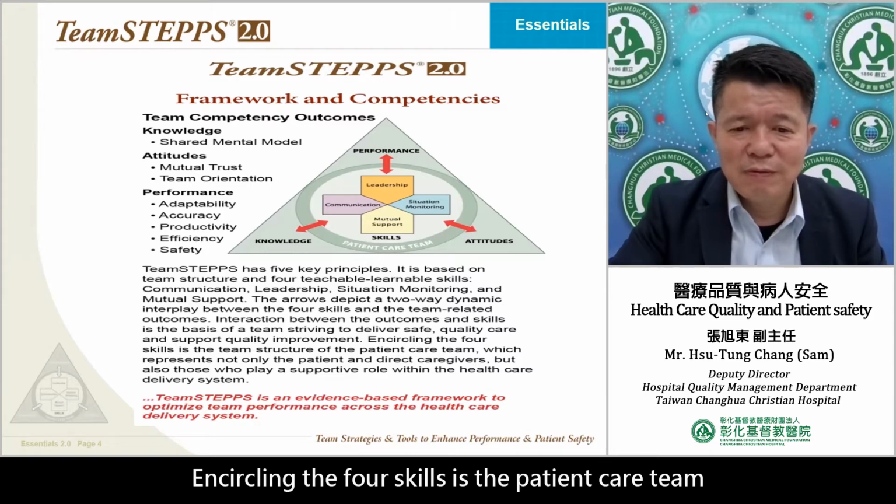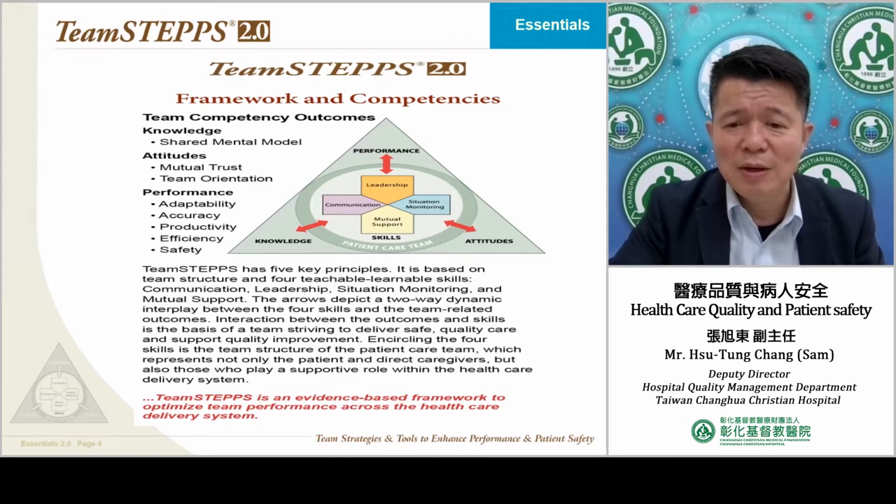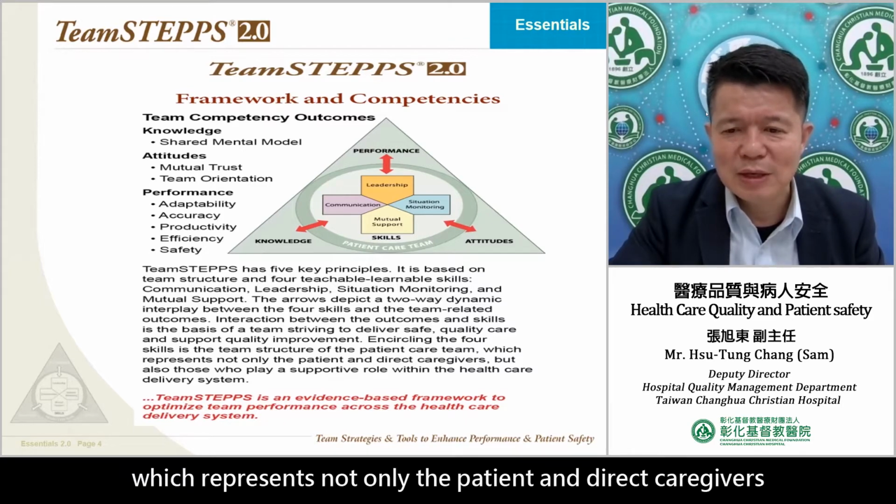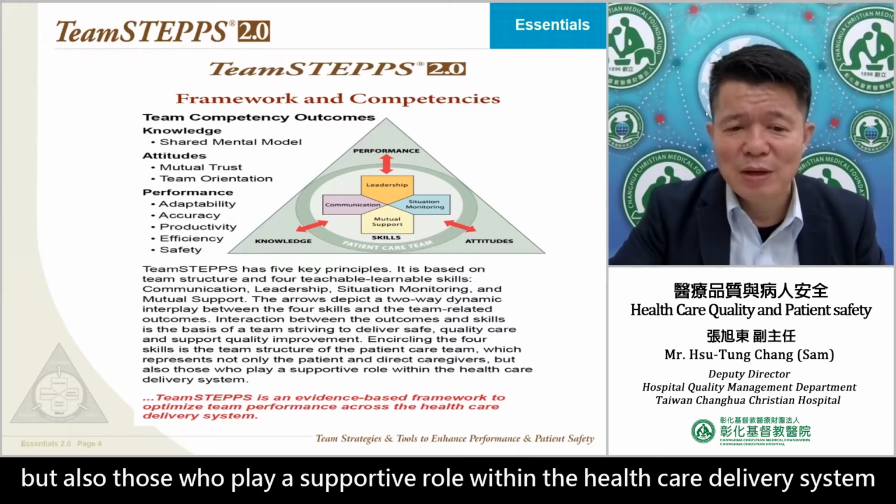Encircling the 4 skills is the patient care team, which represents not only the patient and the direct caregivers, but also those who play a supportive role within the healthcare delivery system.